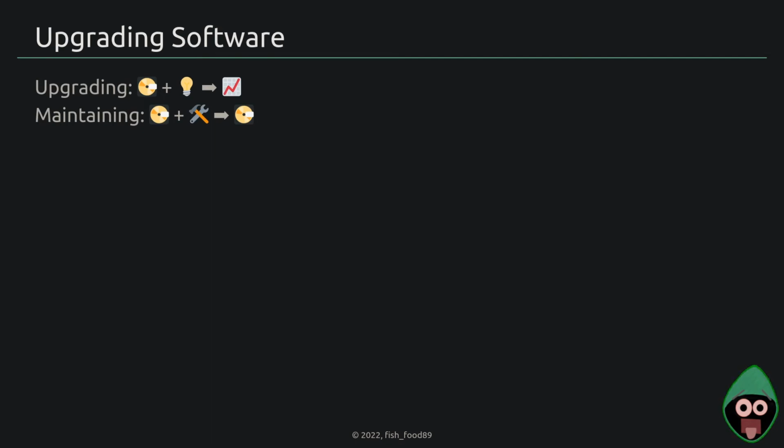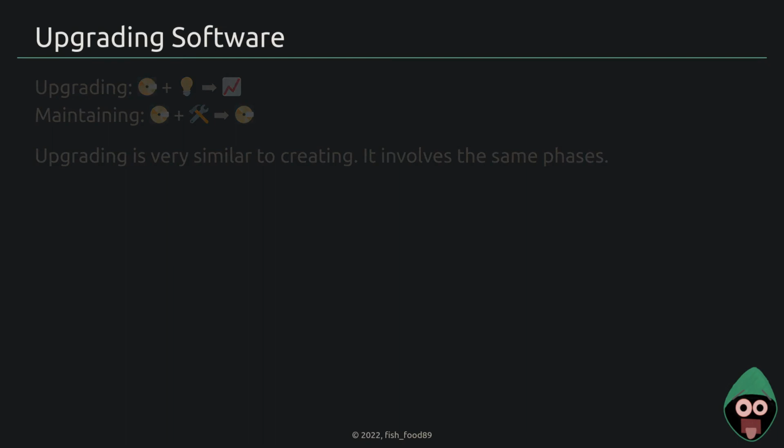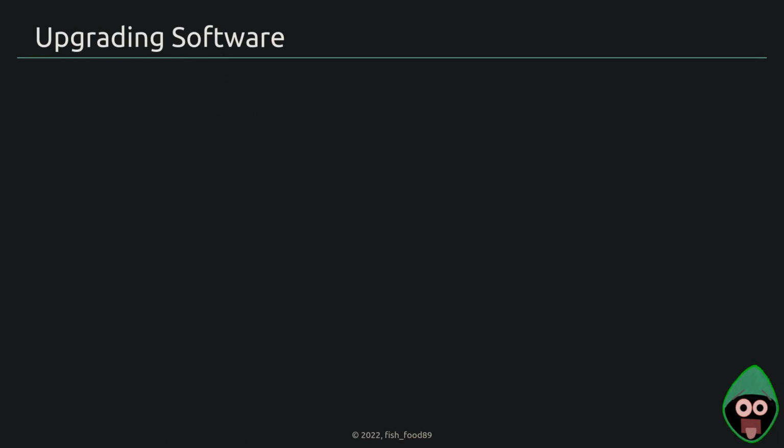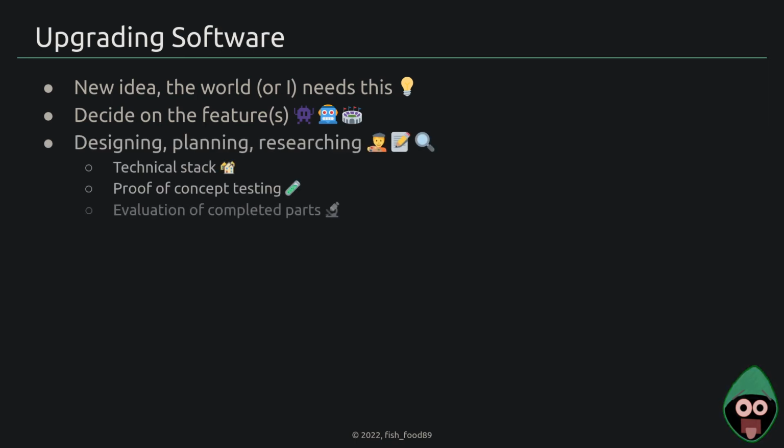The process of upgrading is very similar to that of creating it. It involves the same phases, only it starts by building on software that already exists. The upgrading of software requires the same initial phases as in creating. You need the idea of something that needs to be done. You decide upon what the features should be, how they should be improved, what the features of the upgrade are, and then they'll need to be designed, planned, and researched, just as in the creation part.